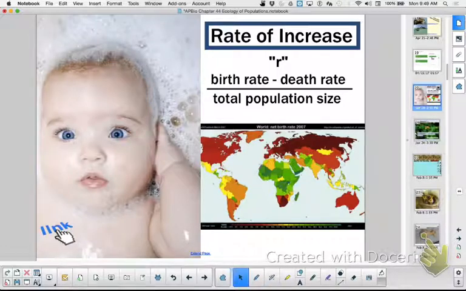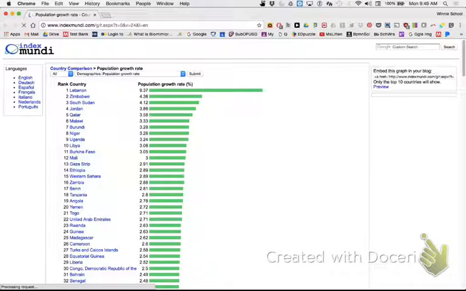Okay, and there is a link here, and it's kind of interesting. It talks about population growth rate and which ones you can change it. I think I gave you a link to it in your notes. You'll run across it. But you can do population growth rate.